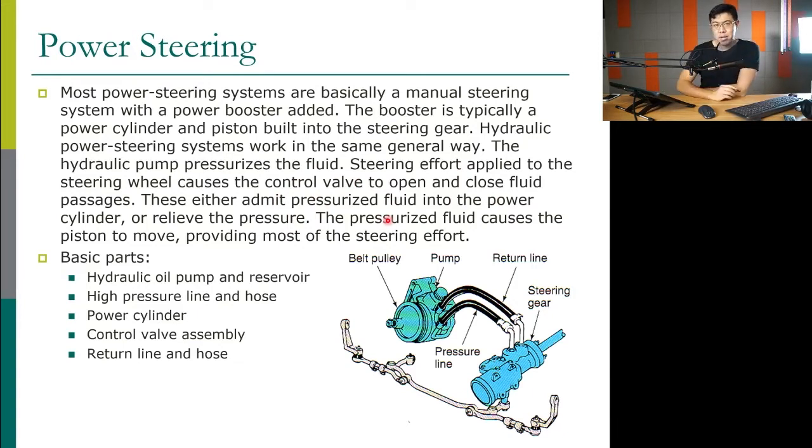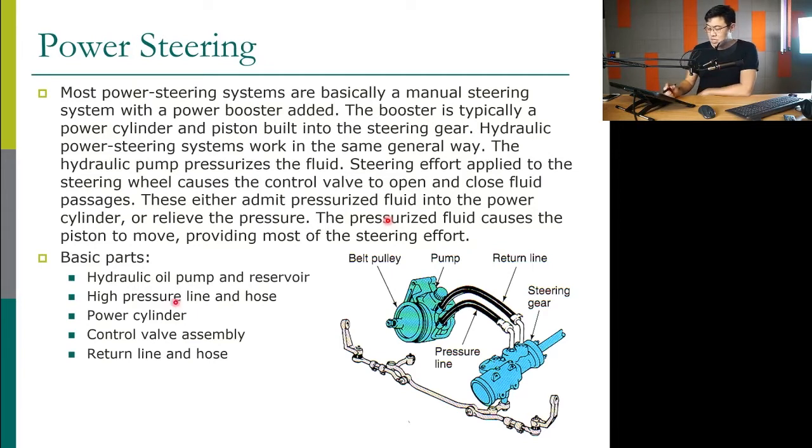So basic part, because it is a hydraulic system, we need to build up a pressure in the hydraulic oil. We need to create pressure in the oil, and then we have to have a valve that opens that pressurized fluid in the direction that we want.